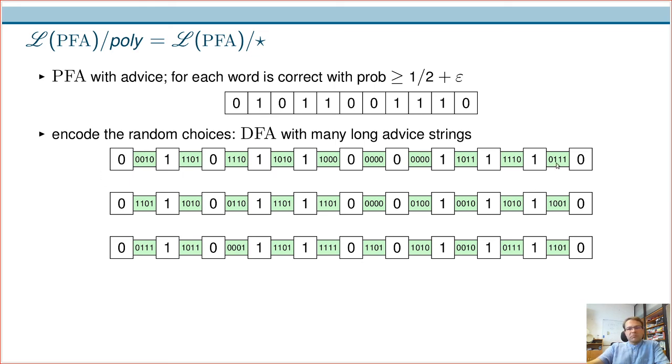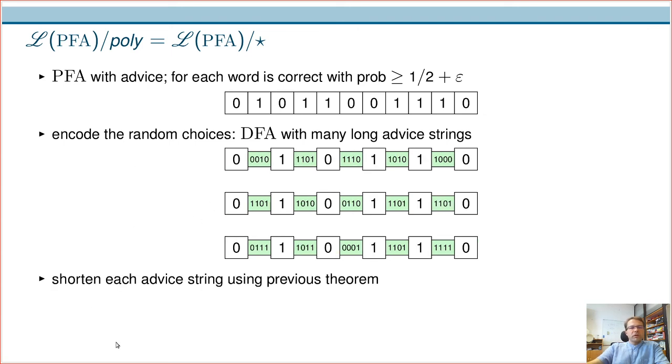The strings are maybe long and there are many of them. But what we can use is the previous theorem, because now this machine is deterministic, so for the deterministic machine, each of the strings can be shortened to polynomial length. So now we have possibly exponentially many strings, but each of them is of polynomial length.